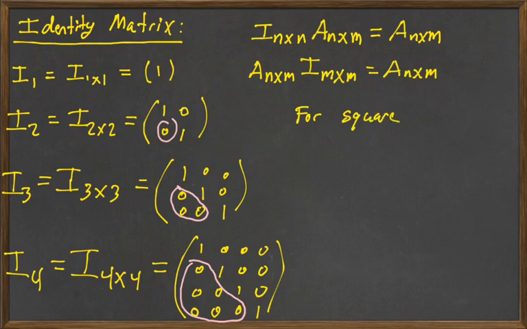And then for square matrices, if you take matrix A, which is a square matrix, and multiply it by the appropriate square identity I here, that'll be the same thing as IA, which is equal to matrix A there.